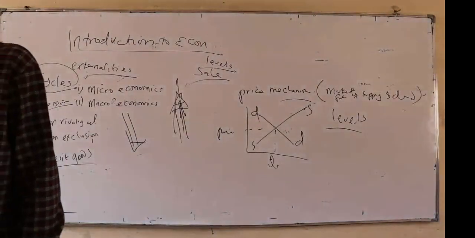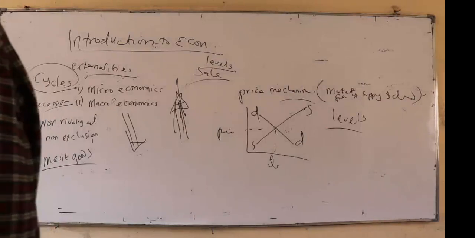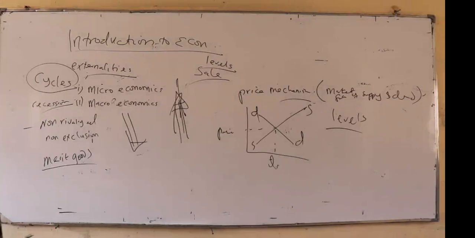Okay, so number 2, planned economic system. That was on the free market economic system. The planned economic system is the opposite of the free market economic system. In a free market economic system, there's lack of government intervention, so the ownership of properties is in the hands of private individuals.